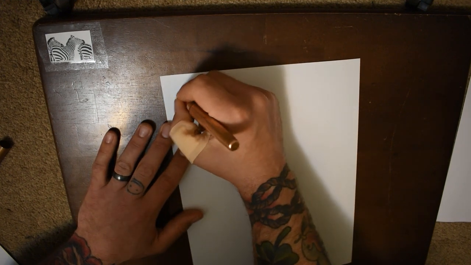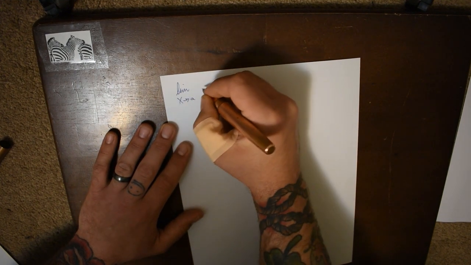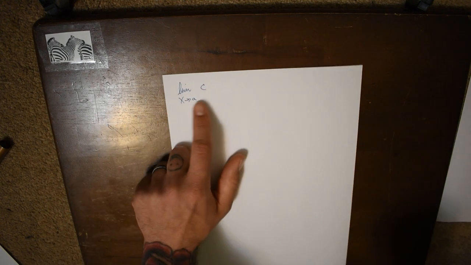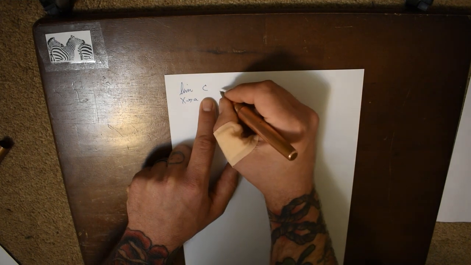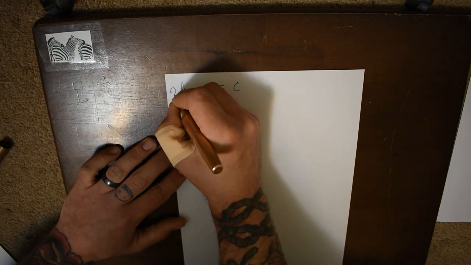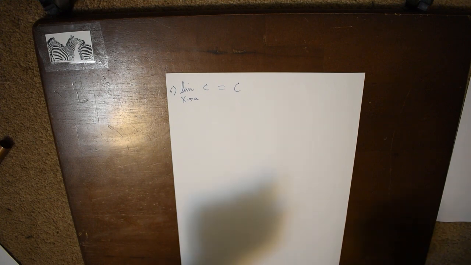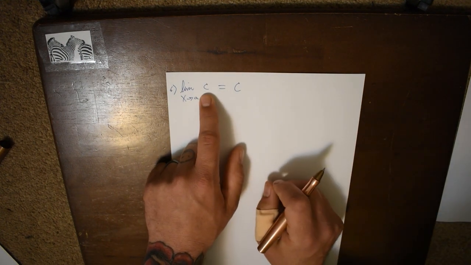Well, we've got the limit as x goes to a of some constant. This isn't x, this is that constant c I was talking about. That's just equal to c, and this is our 6th limit law. This one, remember, is a function.